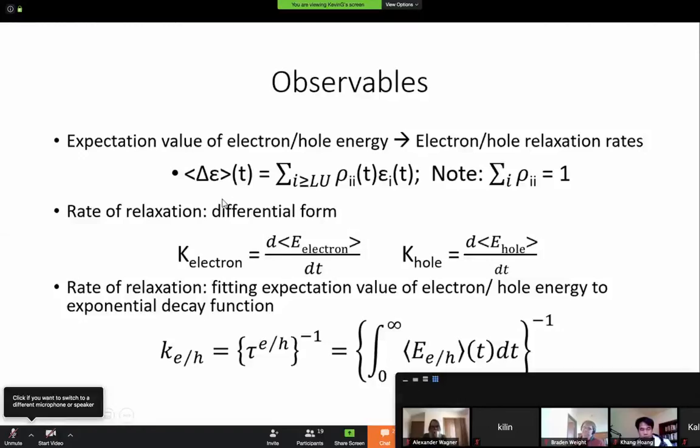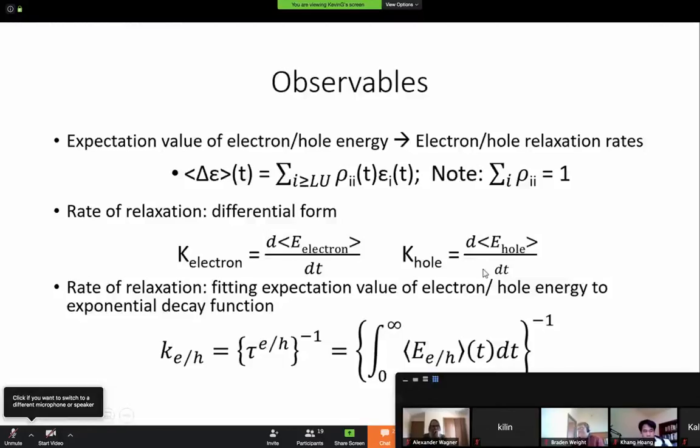So next we get my rates of relaxation, so my electron relaxation rates and my hole relaxation rates. So these relaxation rates are equal to the derivative of my electron energy with respect to time and my electron hole energy with respect to time. So even though this is technically what's used in practice, my MATLAB code used this integral form right here.